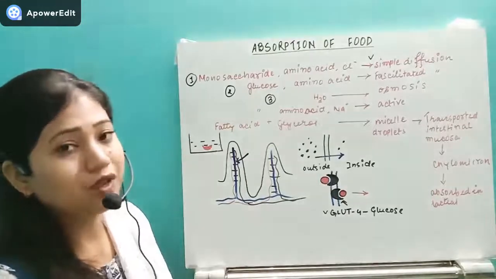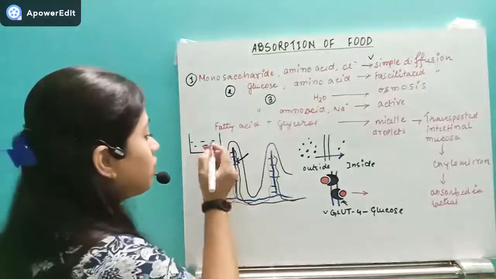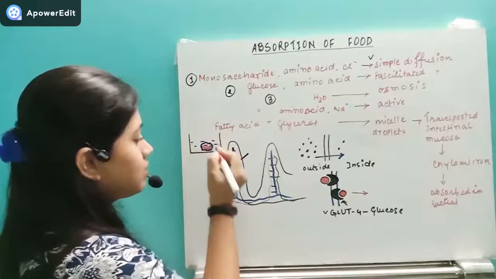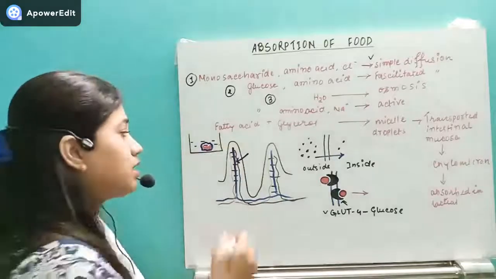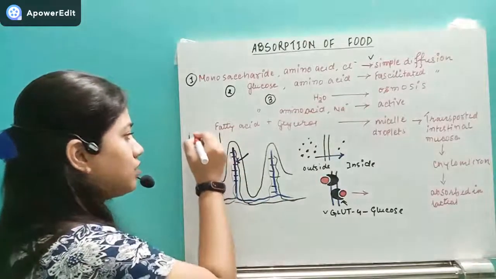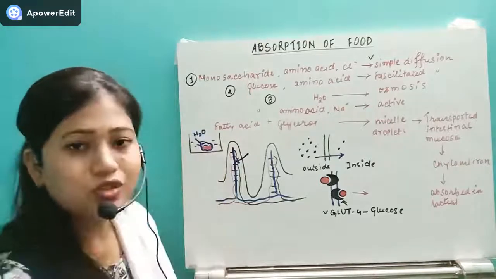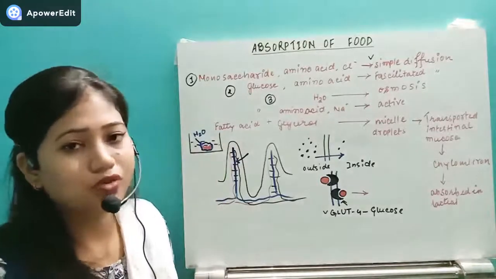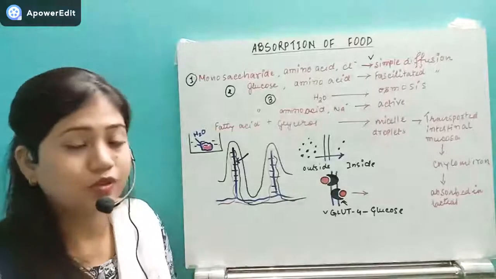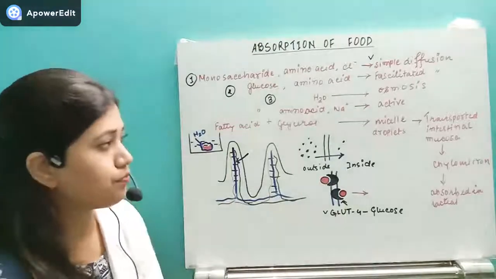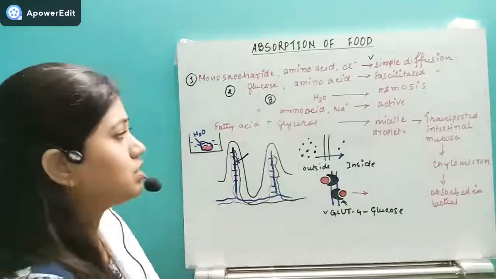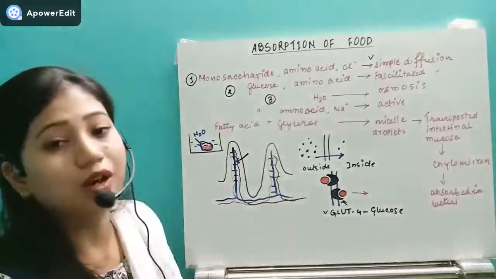The next day what will happen, this kismis will swell, isn't that? Why is this happening? Because from outside, water has entered inside the cell. So this is the process of osmosis, the movement of the water. Through the osmosis process, the cell will accept the water molecule.